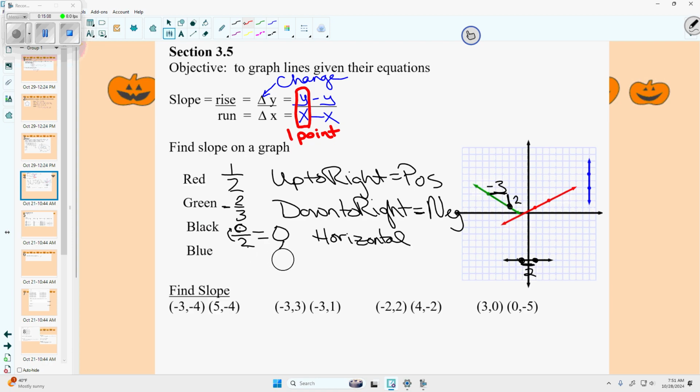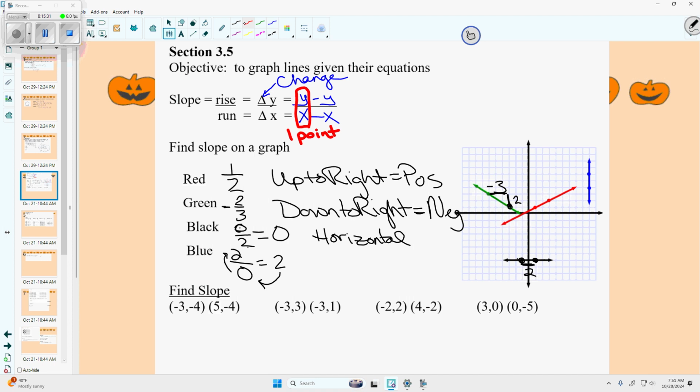All right, so now let's look at the blue line over to the right, the vertical one. What's my rise between points that are marked? 2. What's my run? What's 2 divided by 0? If I put 2 here, can I go back this direction?